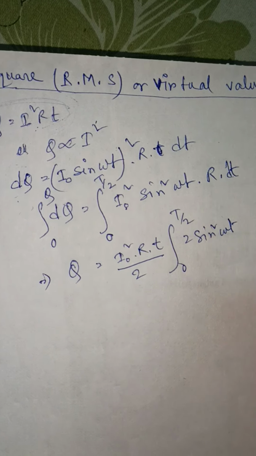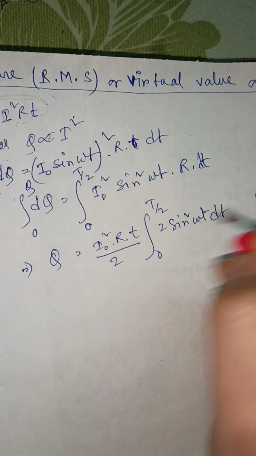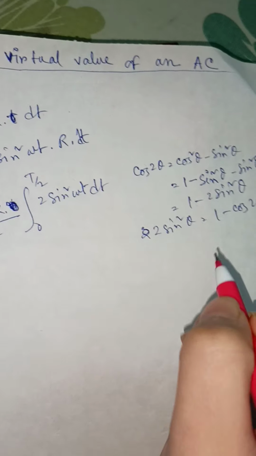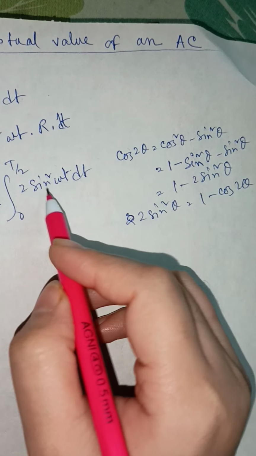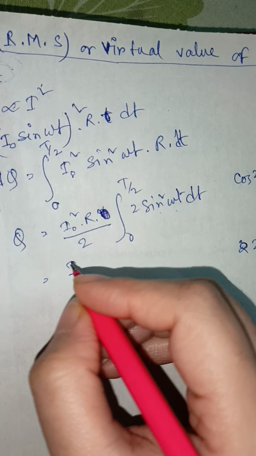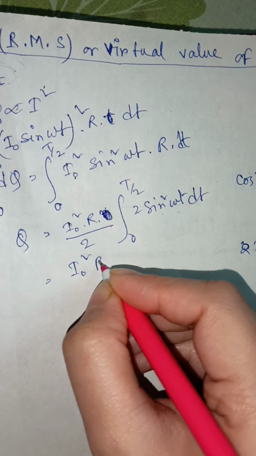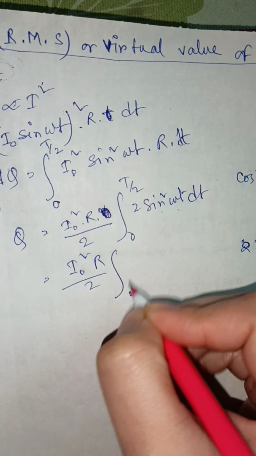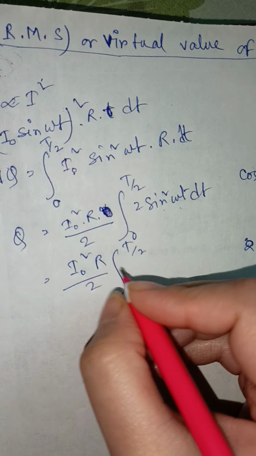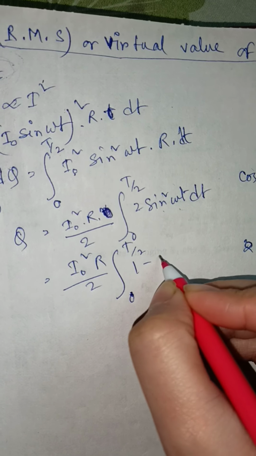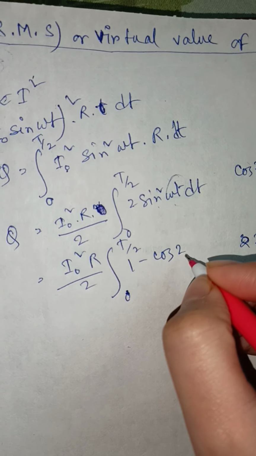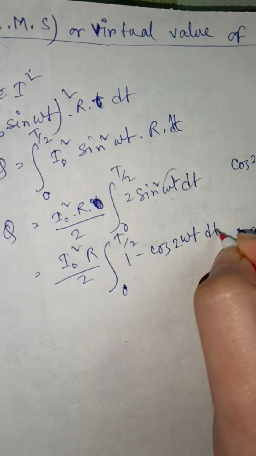So now we can replace 2 sine square omega t by 1 minus cos 2 theta. So I naught square R by 2, integration 0 to T by 2, of 1 minus cos 2 omega t, where omega t is theta, into dt.